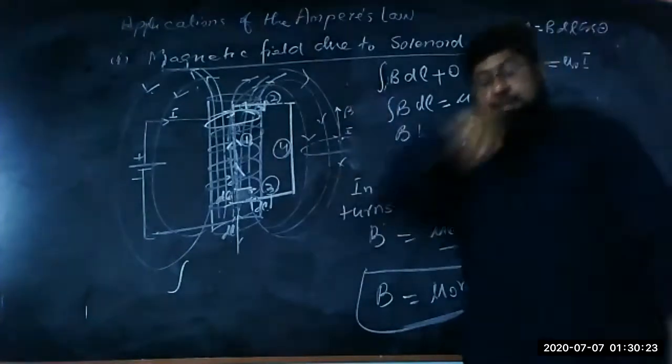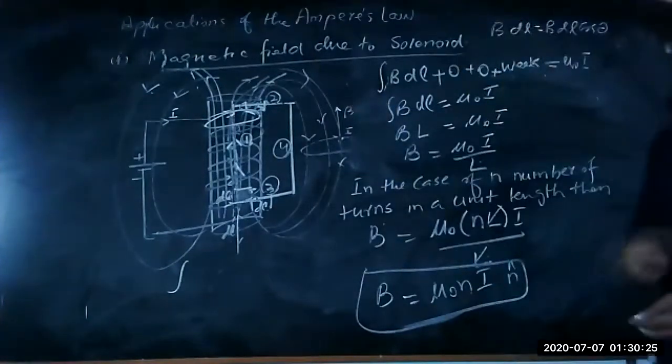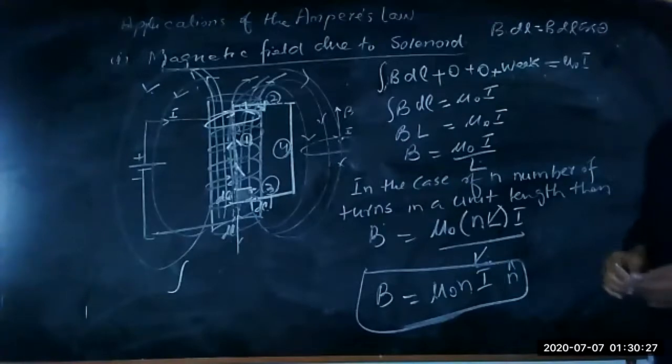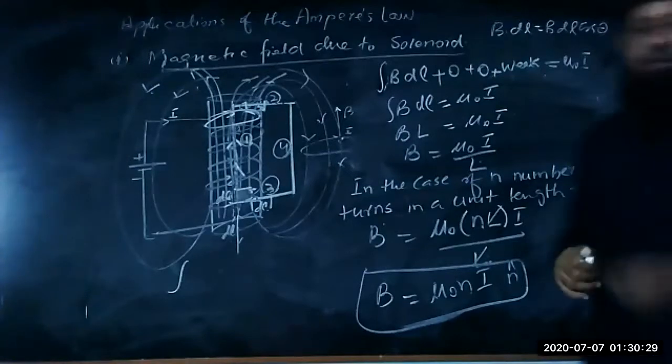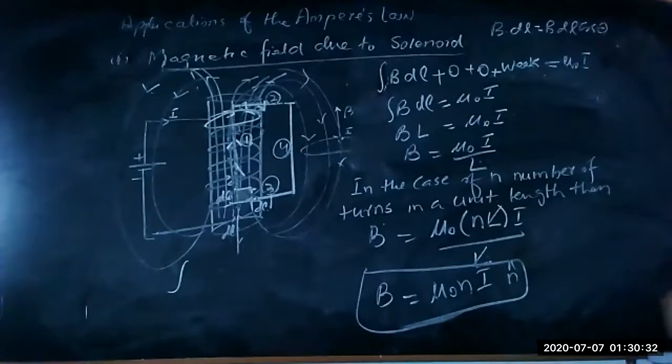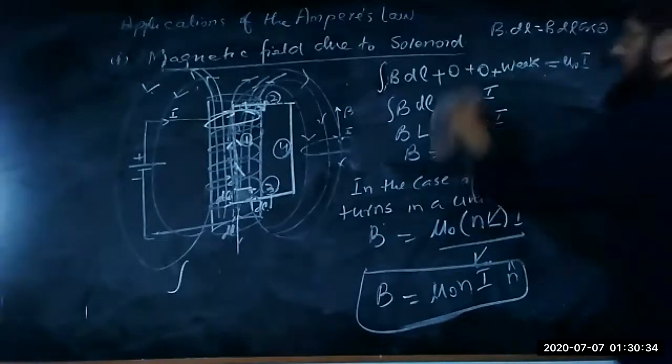Now we are discussing the second application, which is the magnetic field due to the toroid. So what is the magnetic field due to the toroid, which we call a toroidal magnetic field?